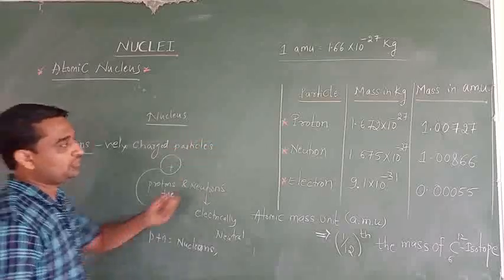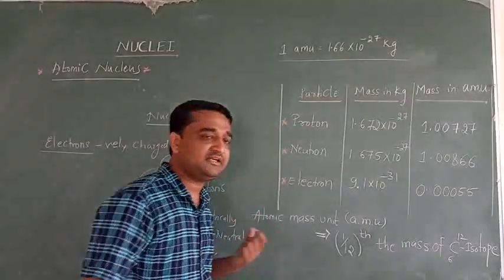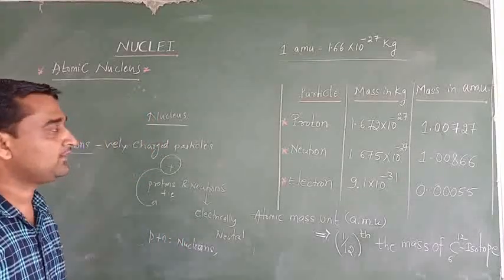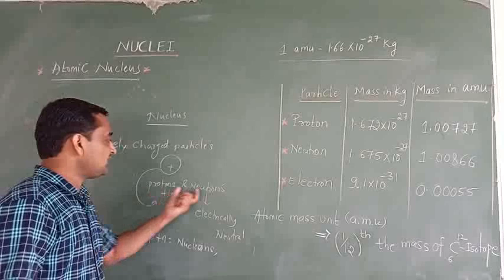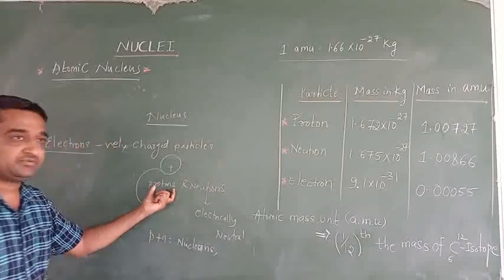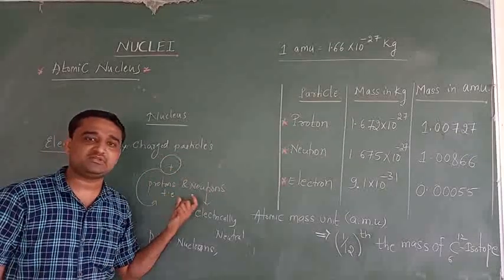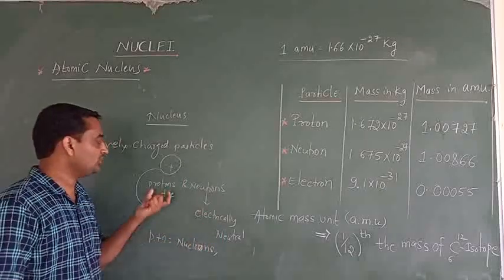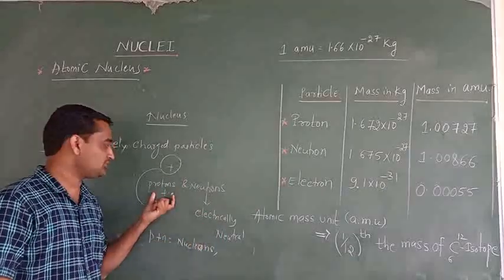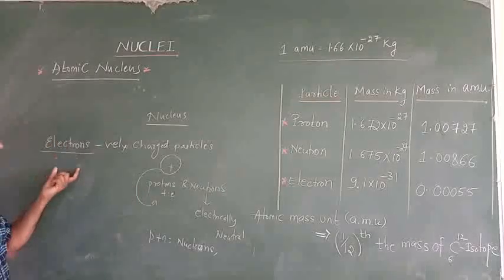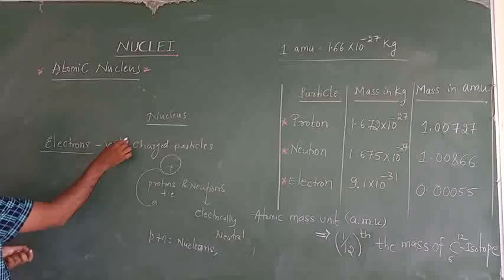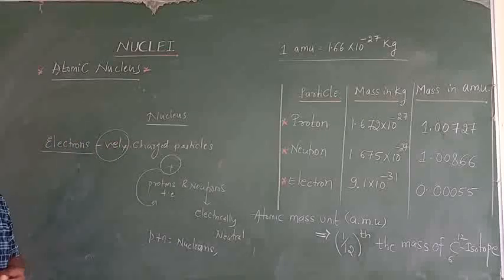So we have protons, neutrons and electrons. These are the subatomic particles, right? Neutrons and protons are present inside the nucleus. They are combinedly called the nucleons. Protons have the positive charge. The electrons revolve around the nucleus in various orbits and are negatively charged particles.